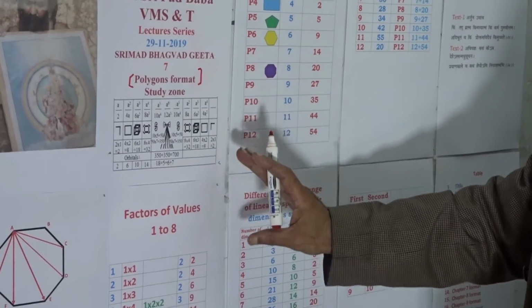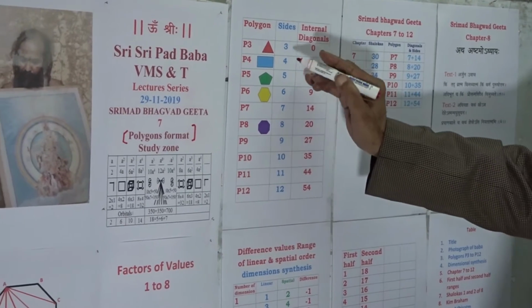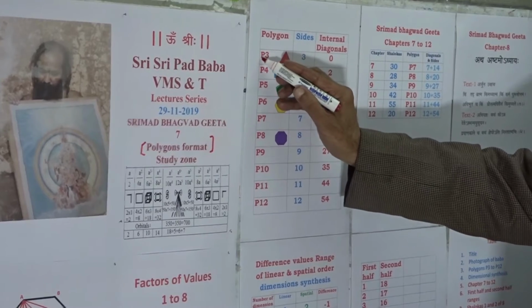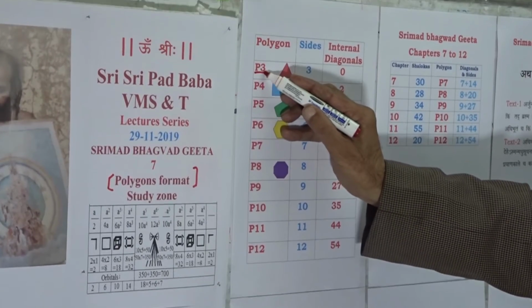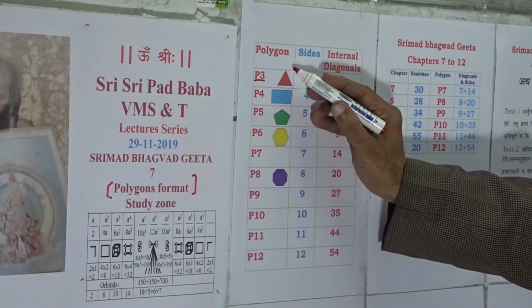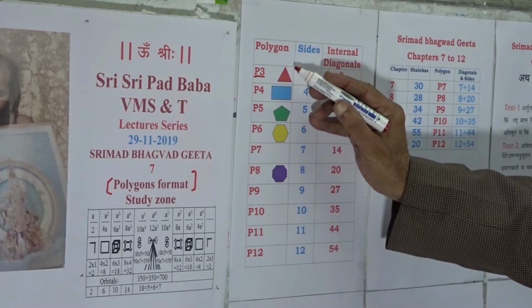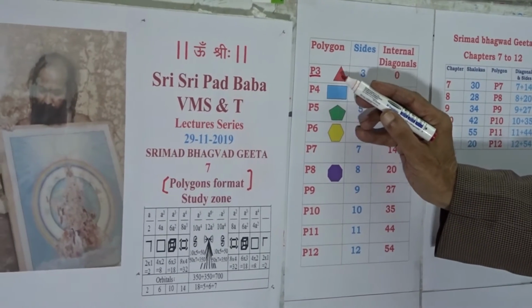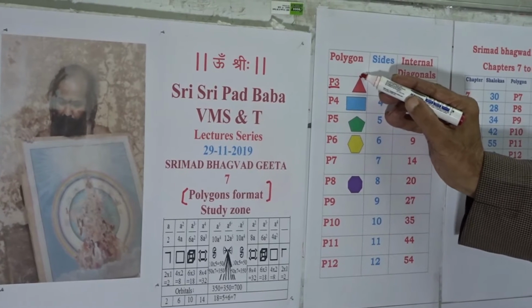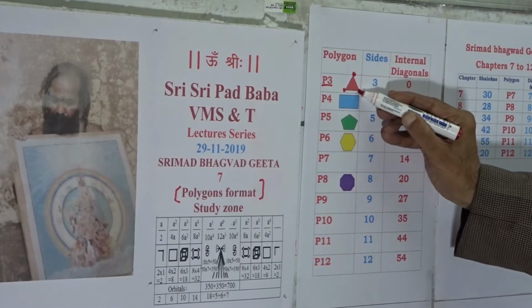The polygons format, we may formally begin with triangle as three sides, so it is being designated as P3, and we know that from any of the vertex or the corner points there will not remain any internal diagonal, because the pair of lines which may flow from the vertex of a triangle will lead to another pair of vertices.